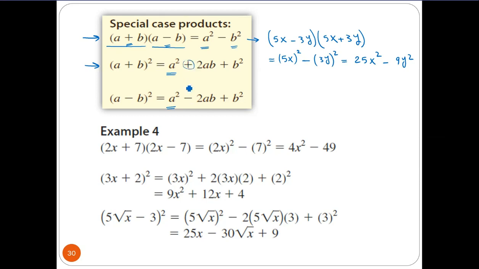This is the only difference between addition and subtraction. Okay. And 2, this is in the law: 2 multiply the first multiply the second, 2ab, plus b squared.